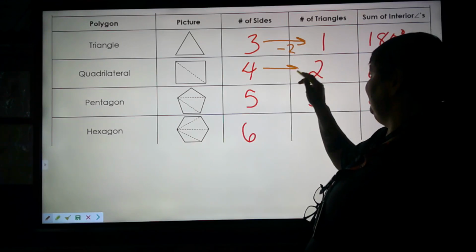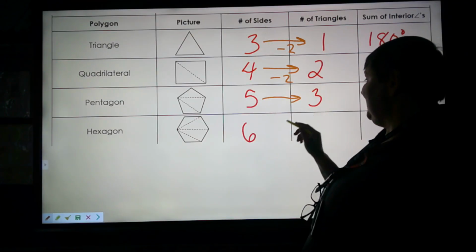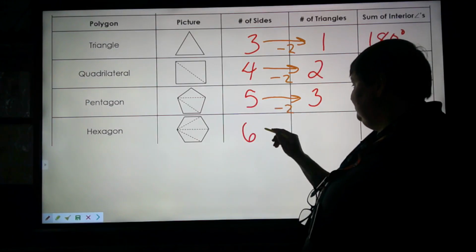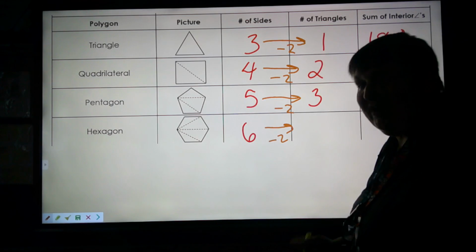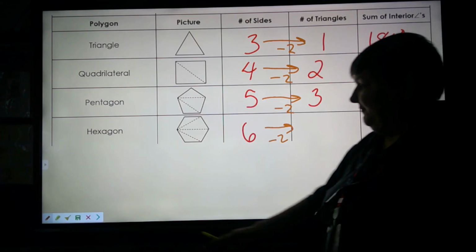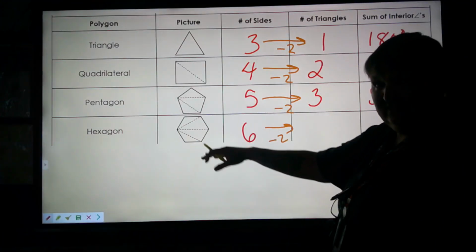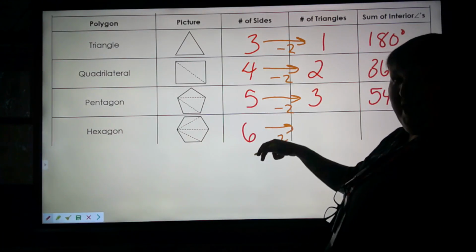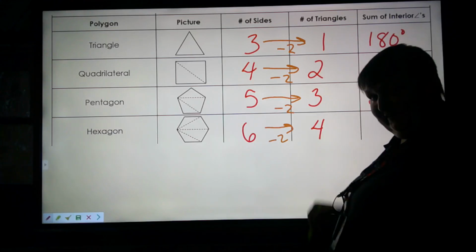To get from here to here, we subtracted 2. So if you know the number of sides, you just subtract 2 to find out how many triangles you can make. So if you don't have the given information, you figure out the pattern. 6 minus 2 is 4, and it matches the pattern.